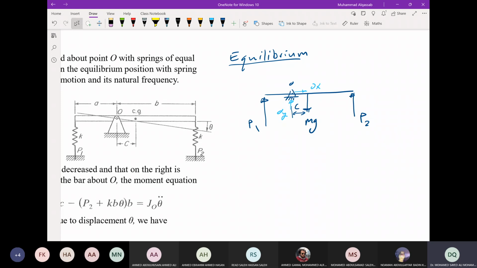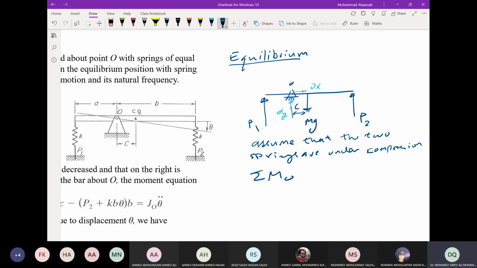Okay, so assuming that the springs are in compression, their effect on the bar is upward, right? As shown here in the figure, P1 is upward, P2 is upward, and the weight, of course, is downward.